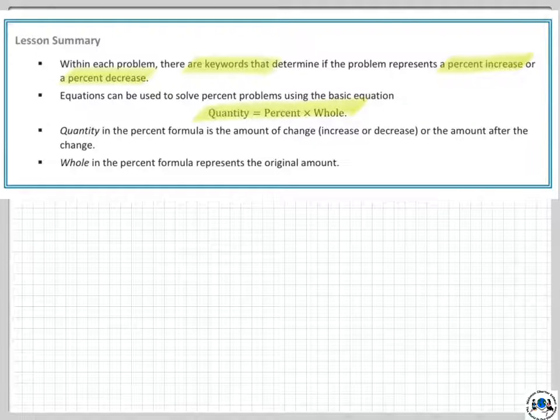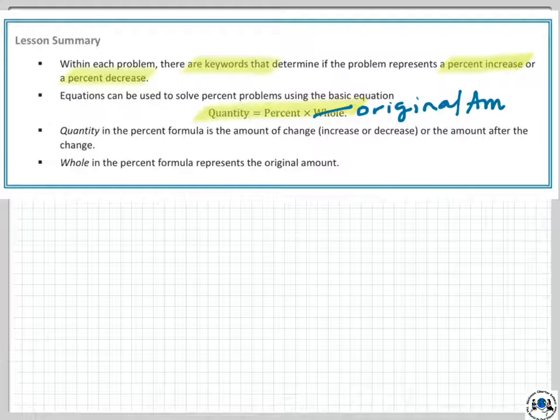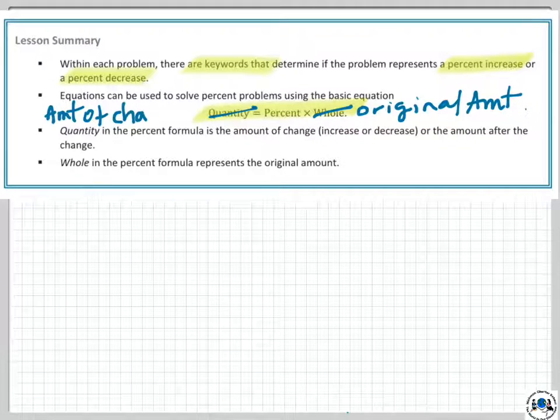Quantity equals percent times whole. In this lesson, we've looked at whole as being more or less the original amount. We talked about percent increase or decrease, and quantity was either amount of change or amount after change.